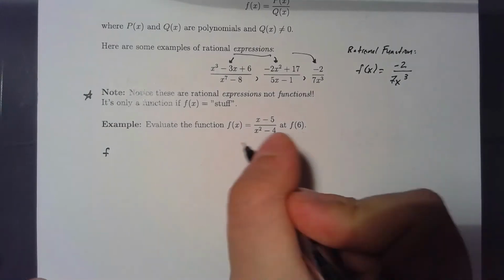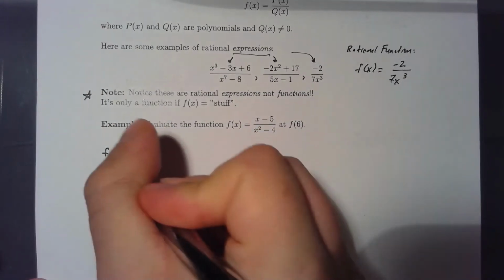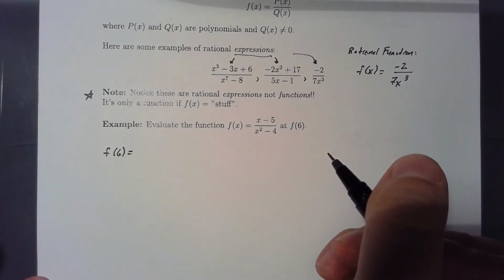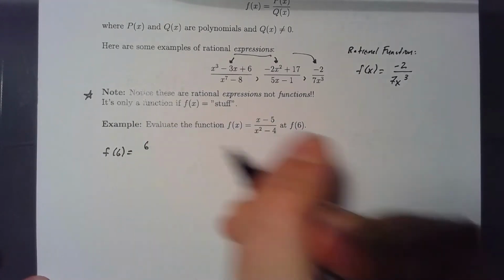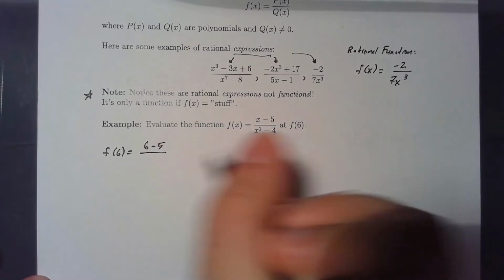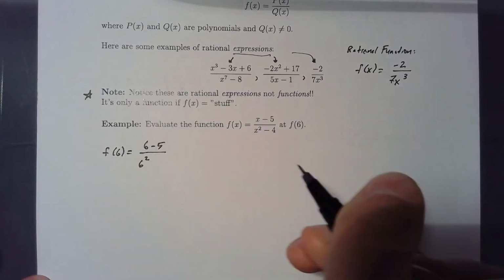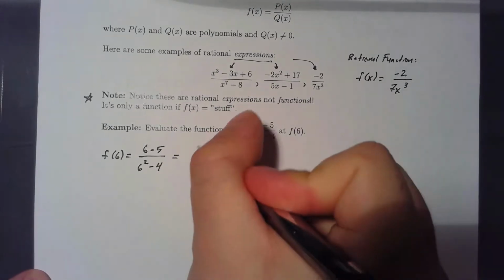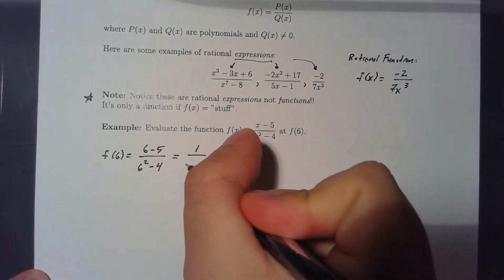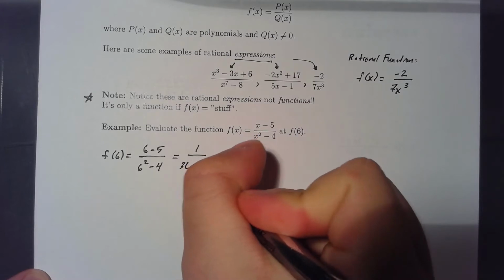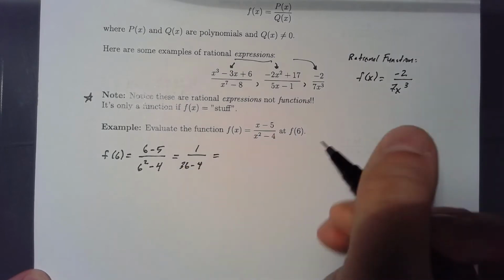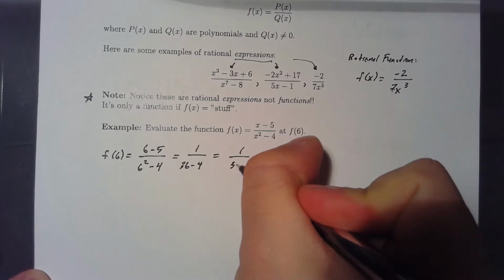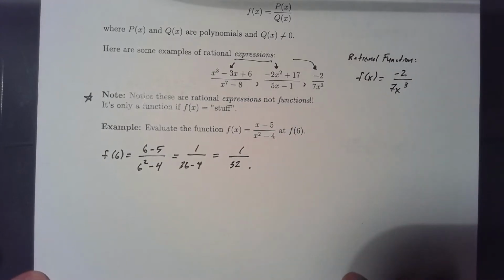So I want to evaluate this rational function at 6. So all you do is plug in 6 for x. So you get 6 minus 5 over 6 squared minus 4, which is 1 over, squared is 36, minus 4, so that's 1 over 36 minus 4, which is 32.